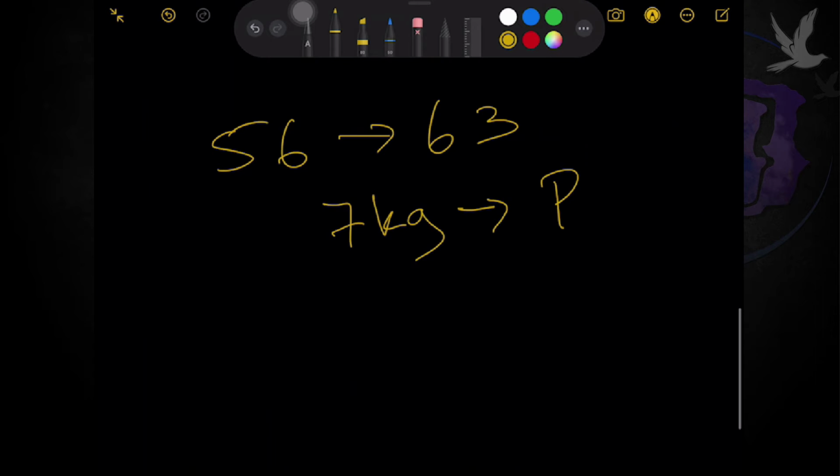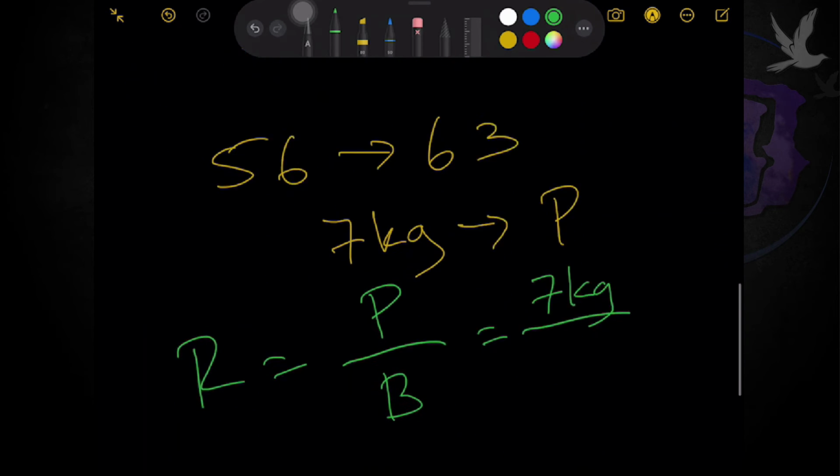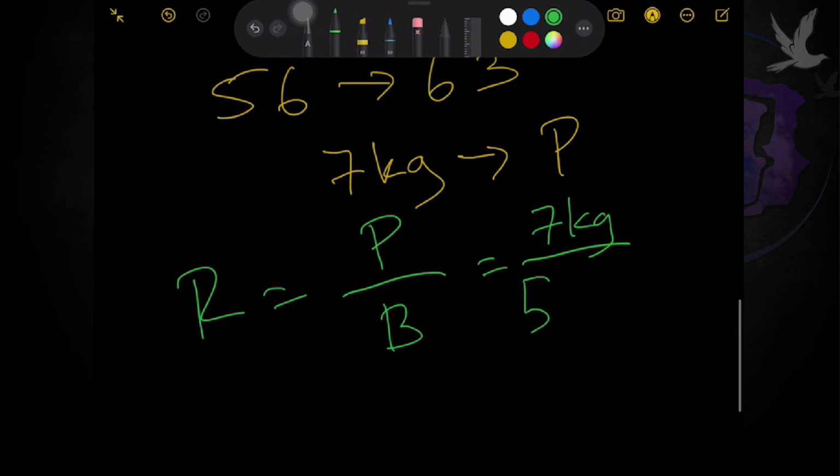So, solving for this one, this will give us rate equals percentage over base. So, yung percentage natin dito is 7 kilograms and our base is 56. Di-divide lang natin yan. 7 divided by 56 will give us 0.125.